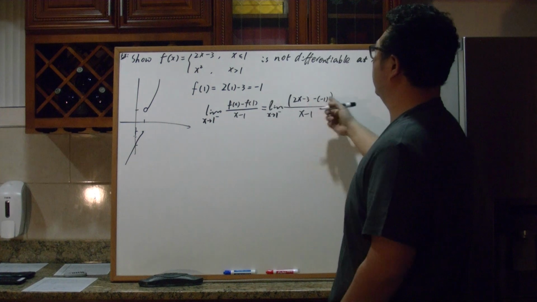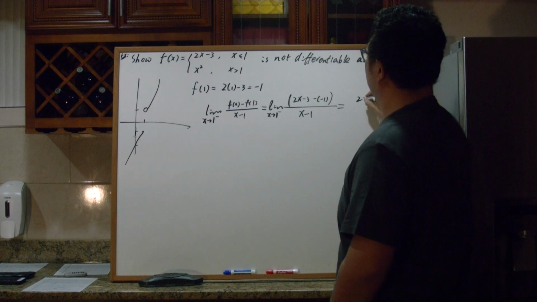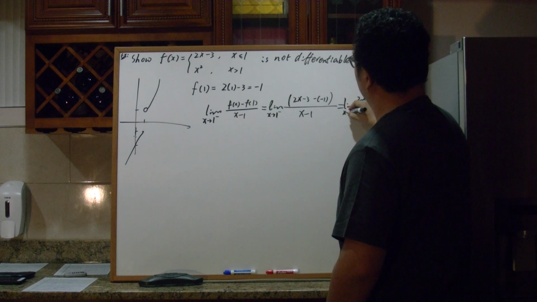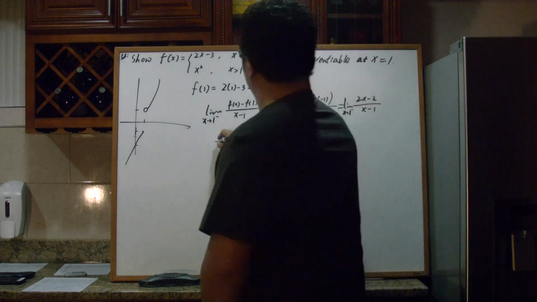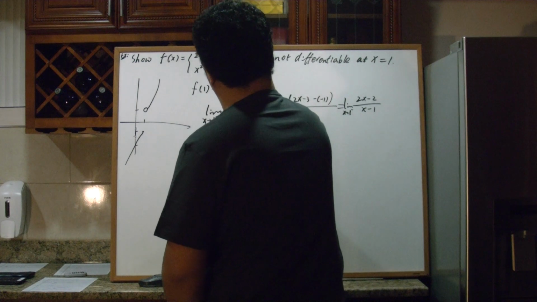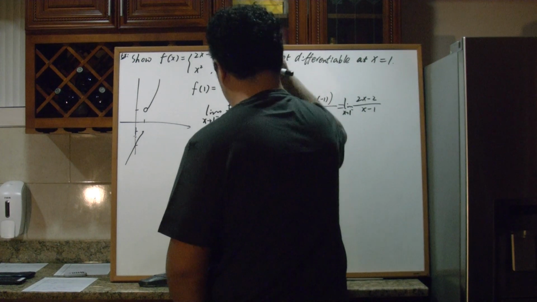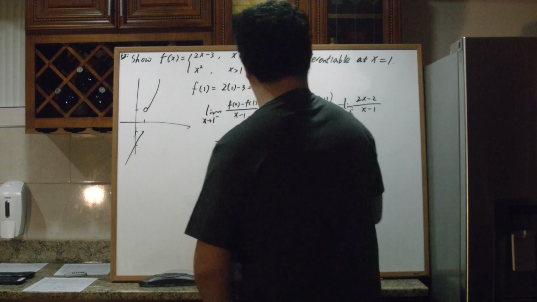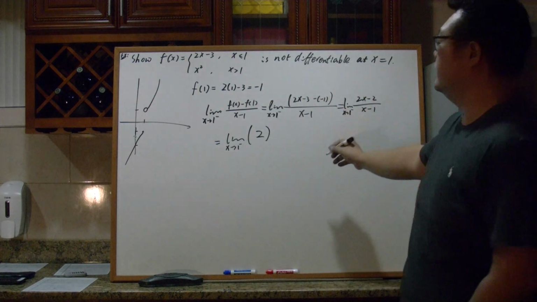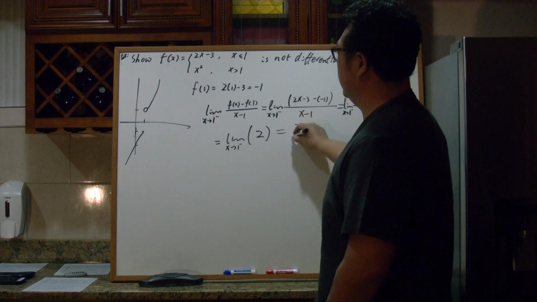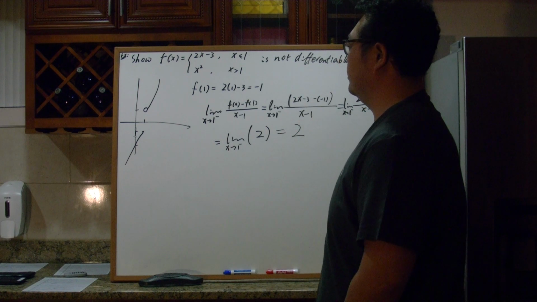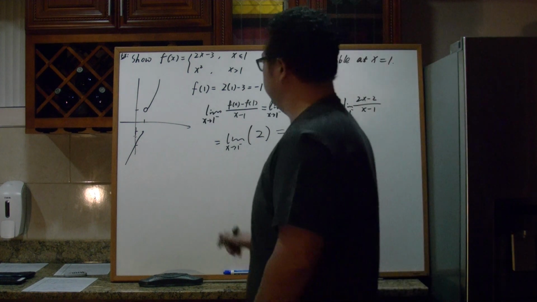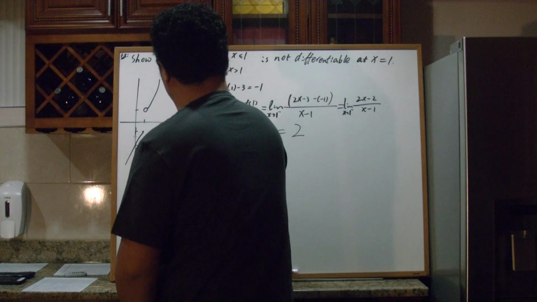Then the difference quotient gives 2x minus 2 over x minus 1. We're able to factor out the 2 and divide, that's 2. Then the limit when x approaches from the left is 2. But let's check the right side.